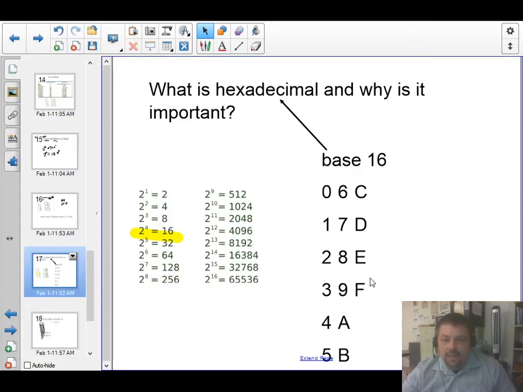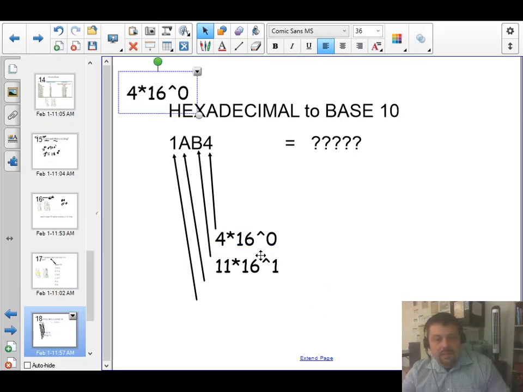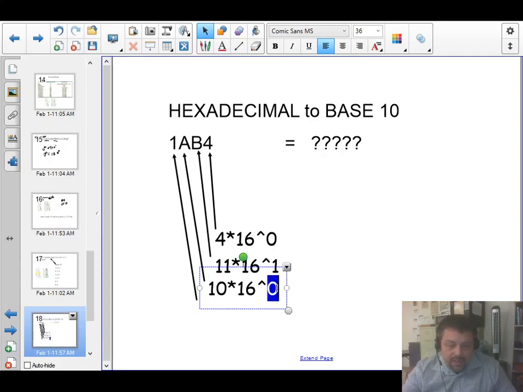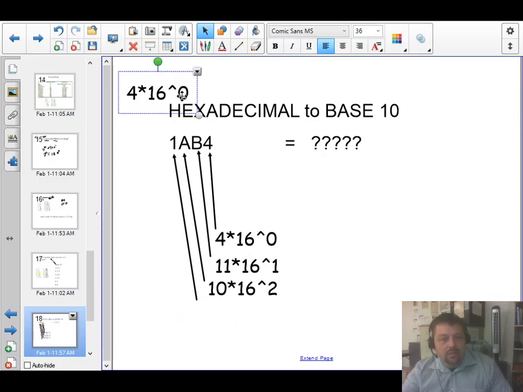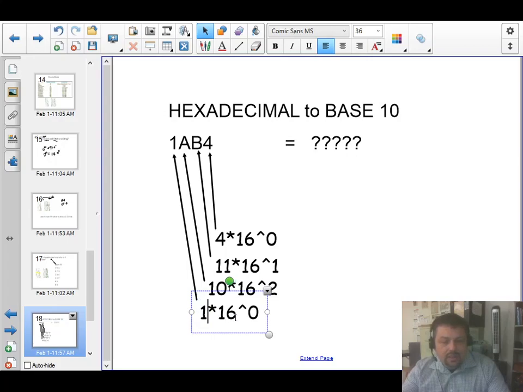And you remember 10, 11, so B is 11 times 16 to the first power. And then A is 10 times 16 squared. And then finally, that last one is going to be 1 times 16 to the third power.